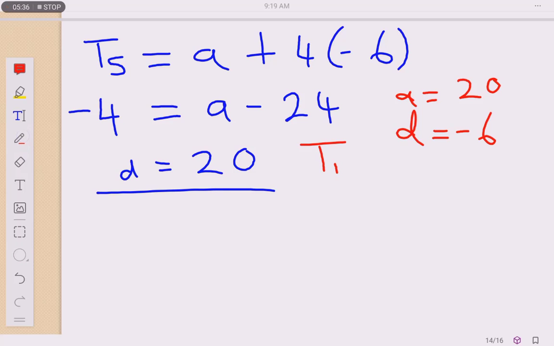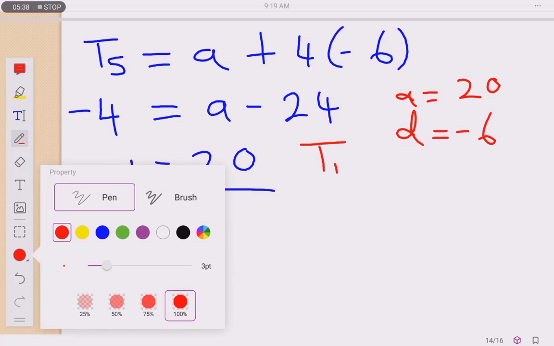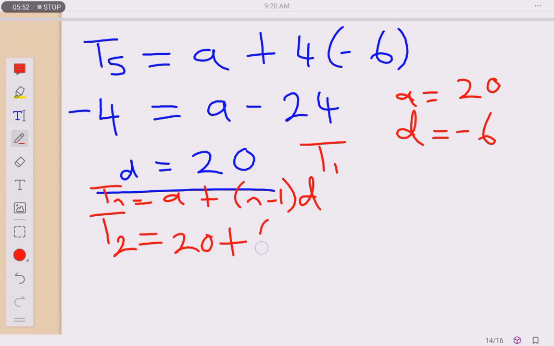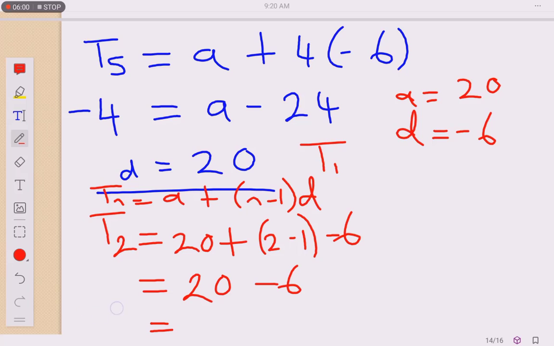T2 is equal to, using the same formula, Tn is equal to A plus n minus 1 times D, which is 20 plus 2 minus 1 by minus 6. What do we get? 20 minus 6. So I'll have T2 as 14.